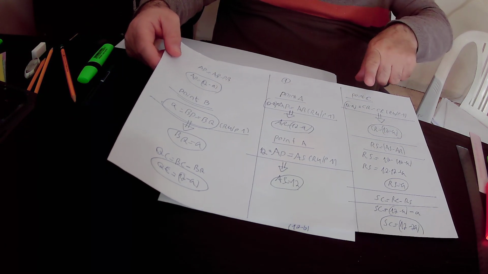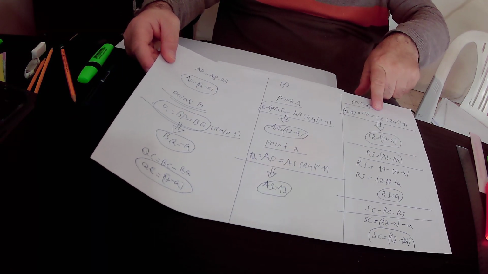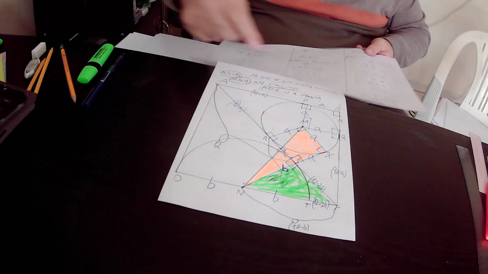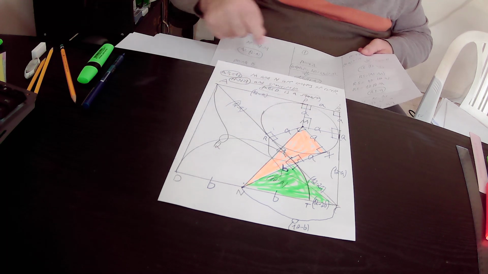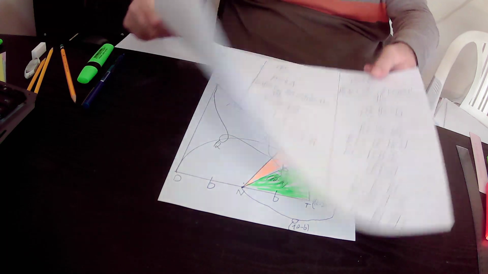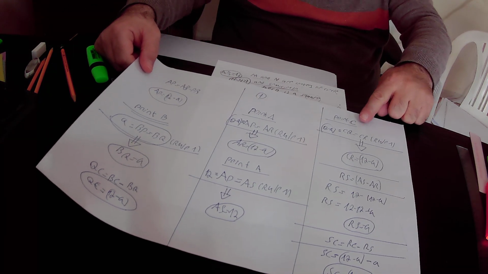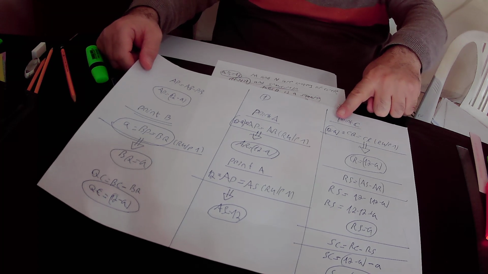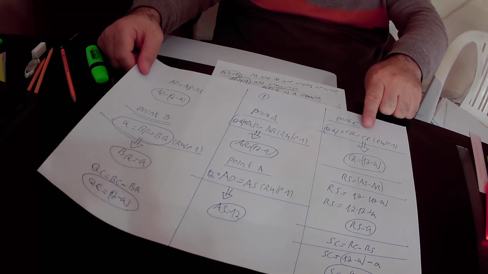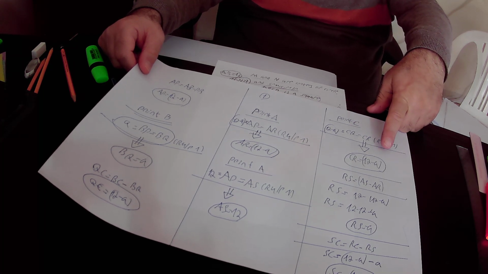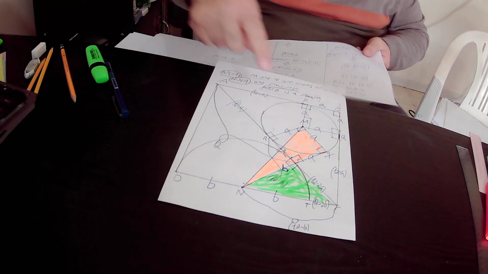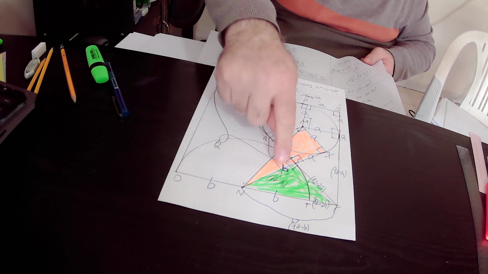Here, CQ must be equal to CR according to rule number 1. But we have already found out that CQ equals 12 minus A. So from this equation, 12 minus A equals CQ equals CR, we will derive that CR is also equal to 12 minus A.